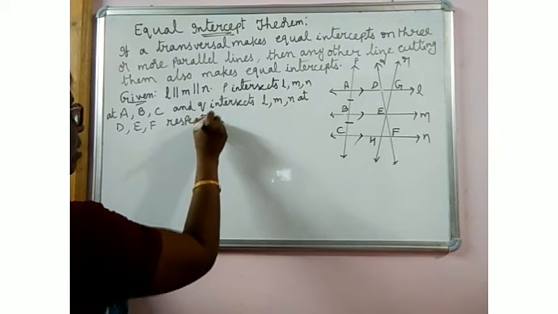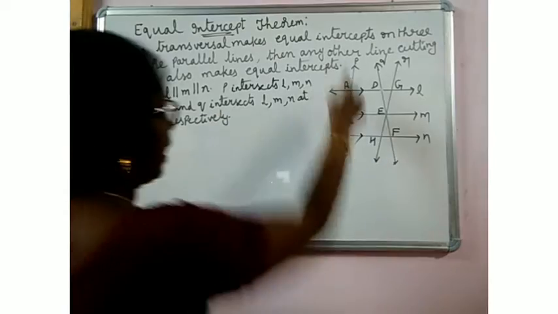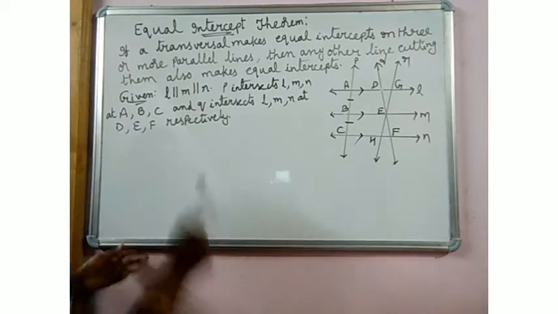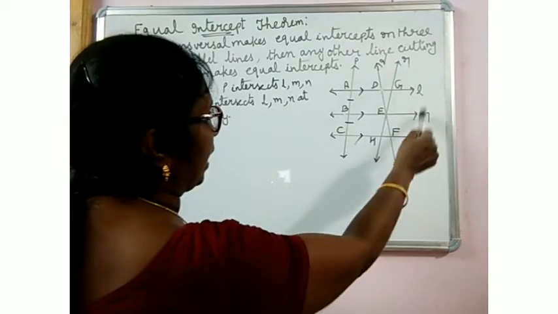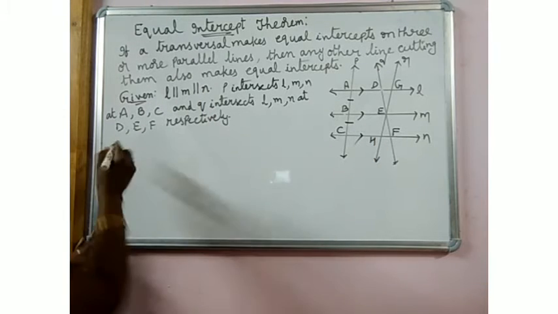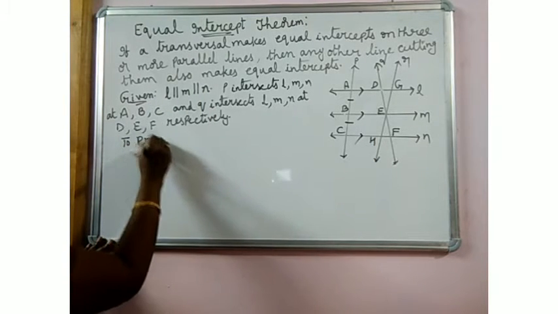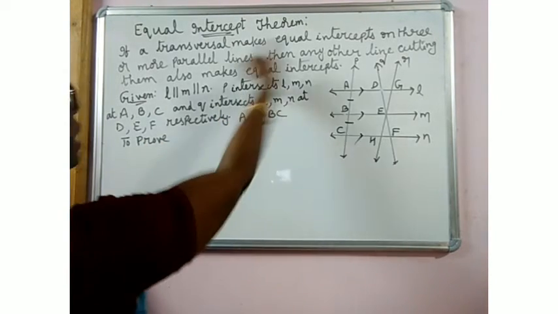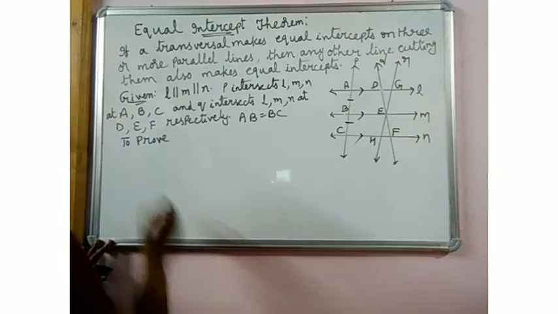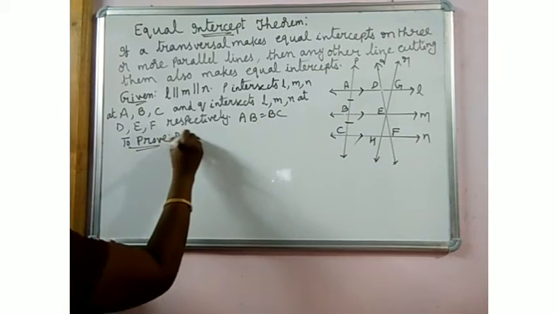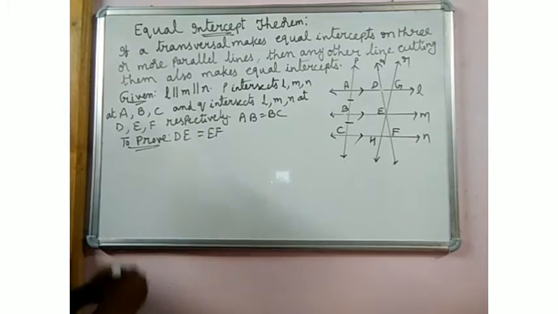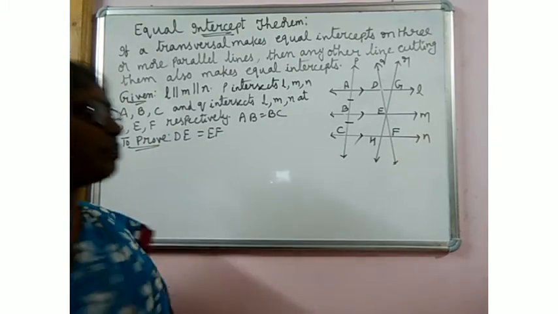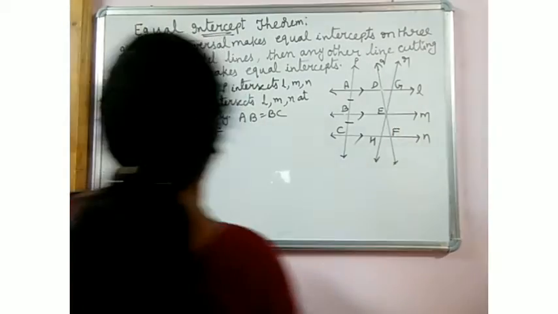I hope it is clear. Respectively means line P intersects L at A, M at B, N at C. In the same way, line Q intersects L at D, M at E, N at F. It is given that AB is equal to BC, equal intercepts. Line P is making equal intercepts. You have to prove that DE is equal to EF. That means line Q also makes equal intercepts.